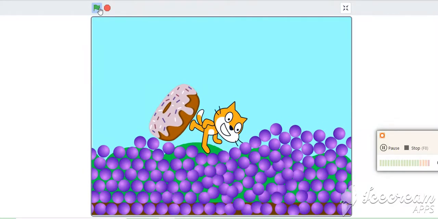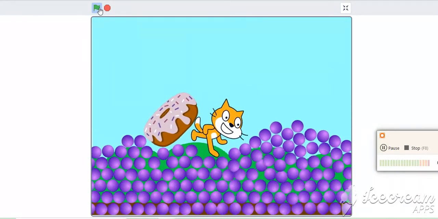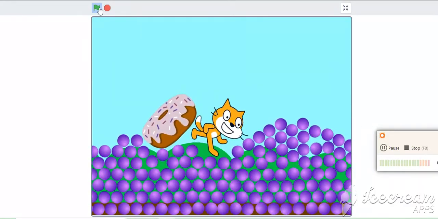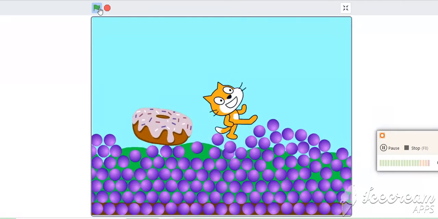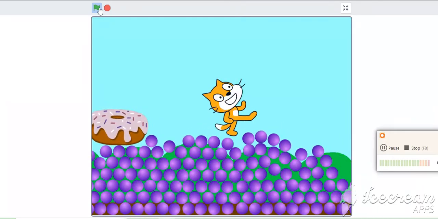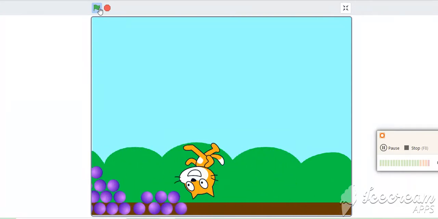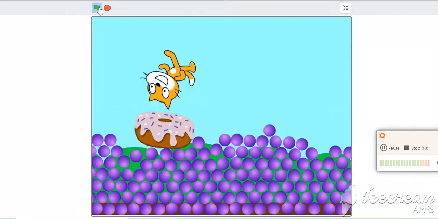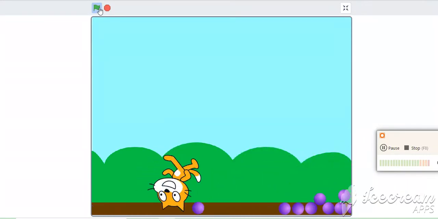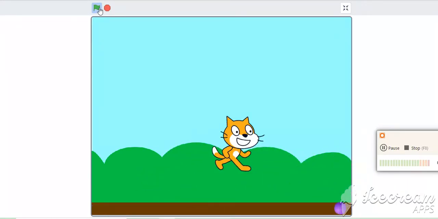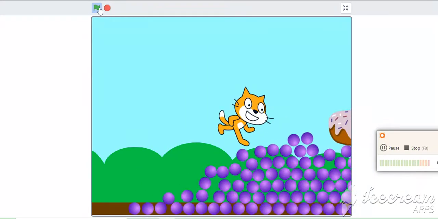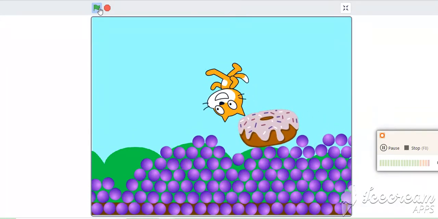It has physics and it is Scratch 3.0 GUI. We need two arrow keys, one right and one left, to control the cat sprite.